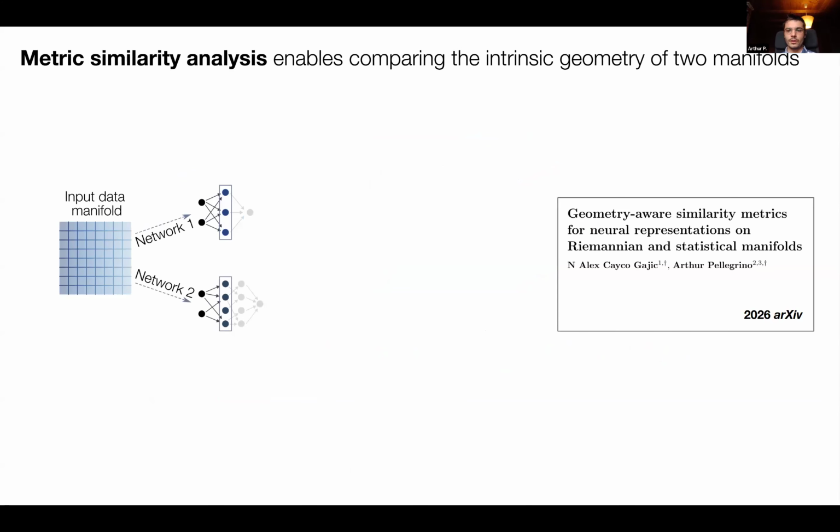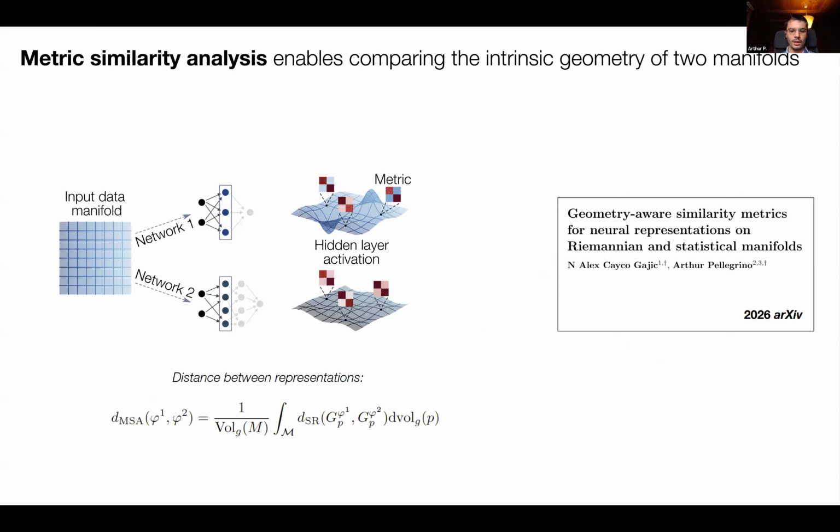Okay, so now we have our method. Metric similarity analysis enables comparing the intrinsic geometry of two manifolds. We can compute the pullback metric and then average it over the manifold, and that gives us a number between 0 and 1 that quantifies the similarity between these geometries.